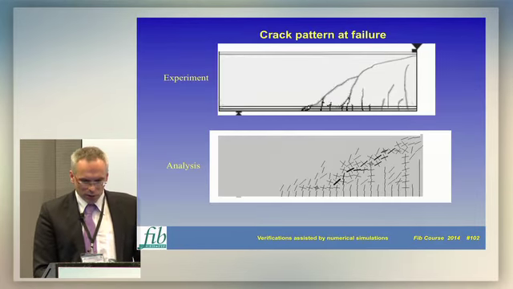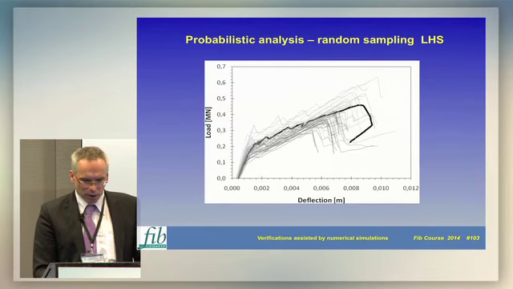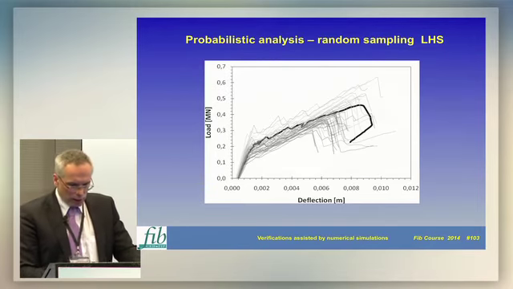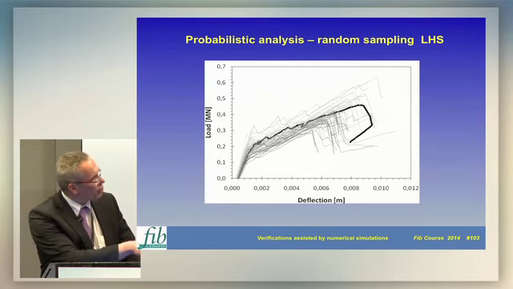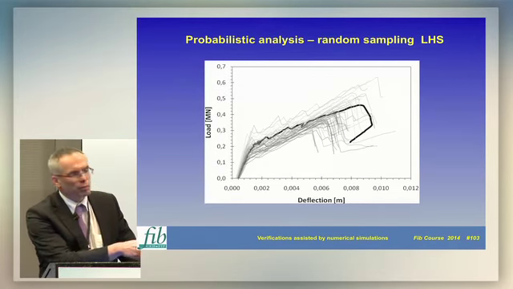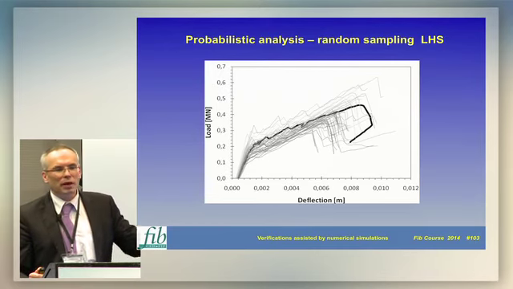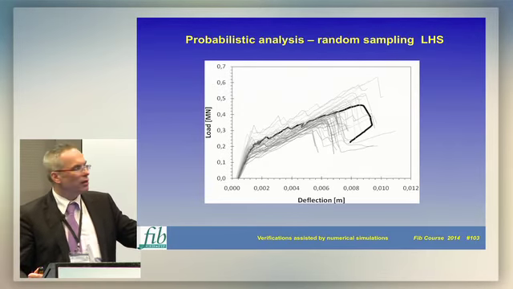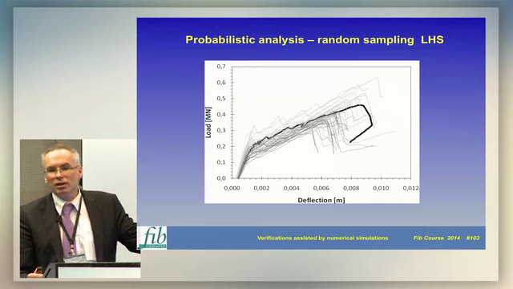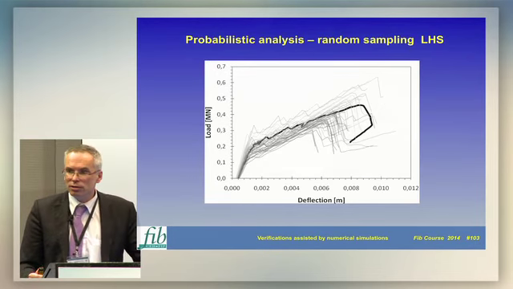Here are some results from the calculation, comparison of the failure pattern. And this shows, just to give you information on this probabilistic approach. When we make the probabilistic approach, in this case we are using the random variables method.